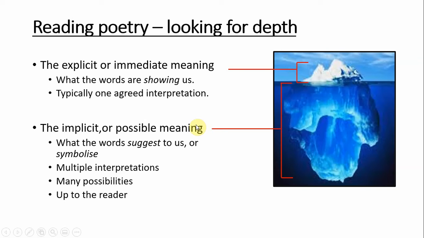I could look at one line from a poem and say it might mean three different things, and that is absolutely fine and even encouraged for me to do. There are many possibilities, and it's up to the reader. What really matters is your ability to explain why you think that, and to really convince whoever's reading your answer that actually you might have a point. That's why we look at themes, and that's what we're doing today. We are looking for depth.